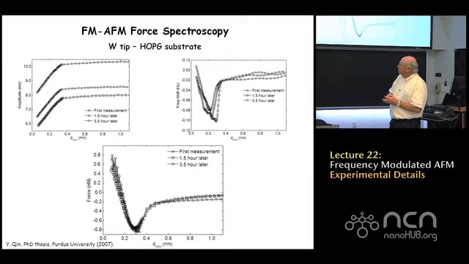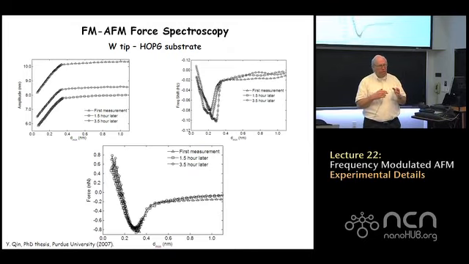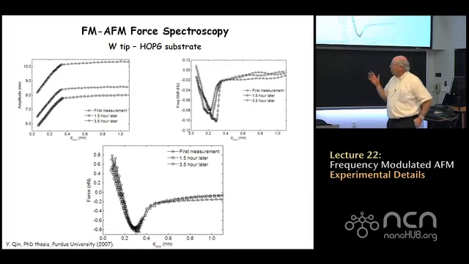And I show measurements done for different amplitudes of oscillation of the tuning fork, taken over a period of about 5 or 6 hours. So the experiment was repeated many times over the course of a day. We tried to investigate different amplitudes of oscillation when the tuning fork was far from the substrate.